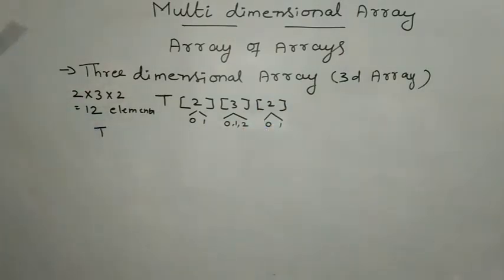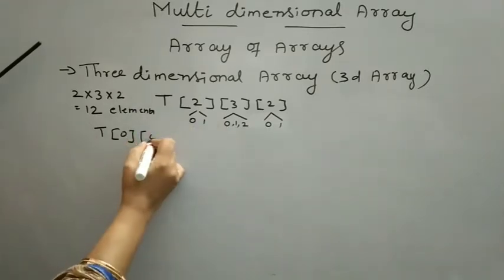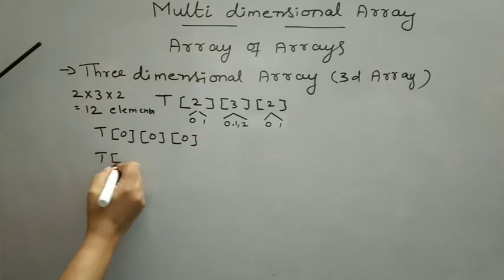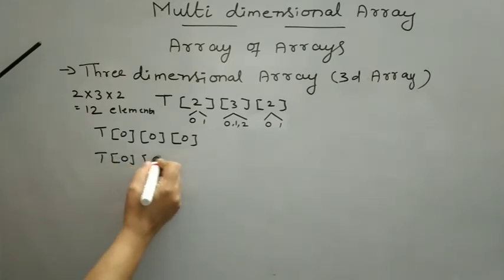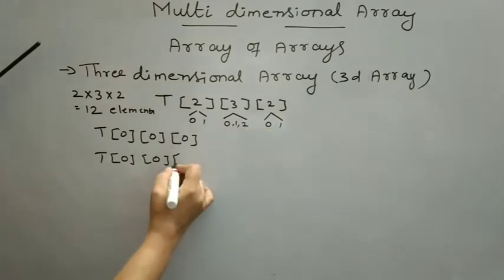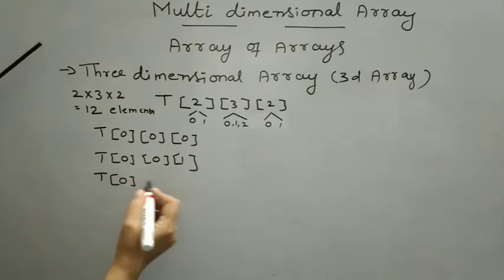Take T of 0, 0, 0. The index position of the last dimension ranges from 0 to 1, so now T of 0, 0, 1.